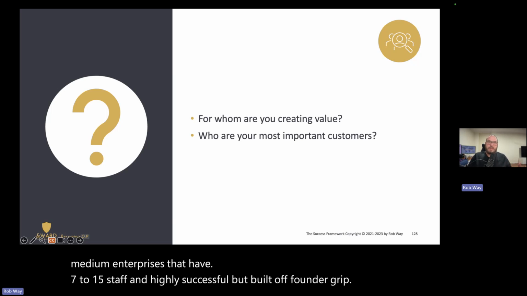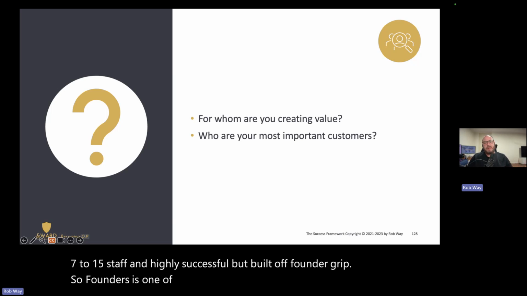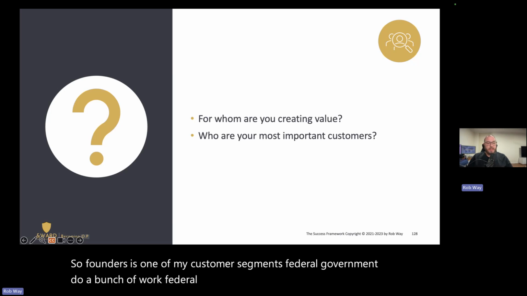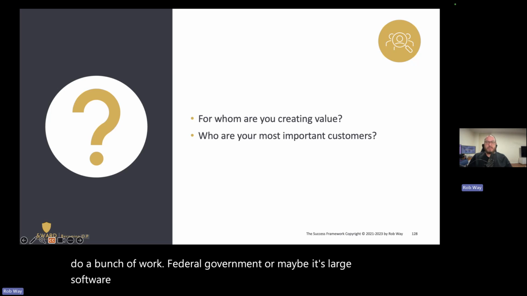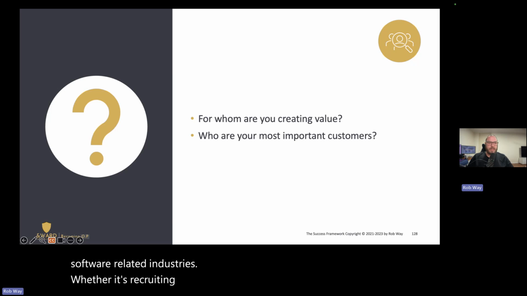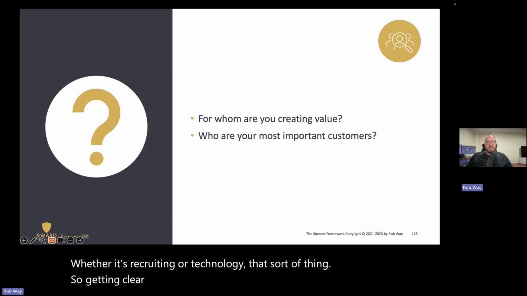So founders is one of my customer segments. Federal government, I do a bunch of work with federal government, or maybe it's large software-related industries, whether it's recruiting or technology, that sort of thing. So, getting clear on your different customer segments.